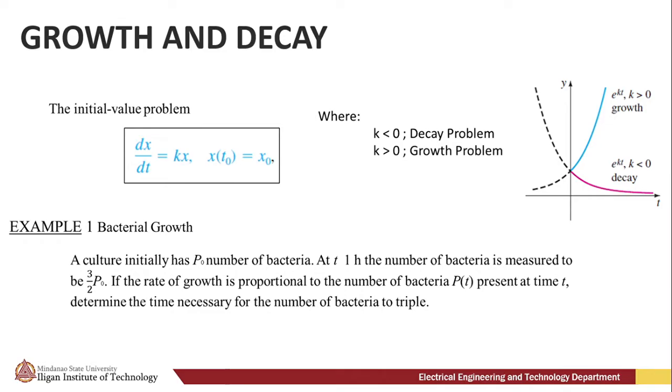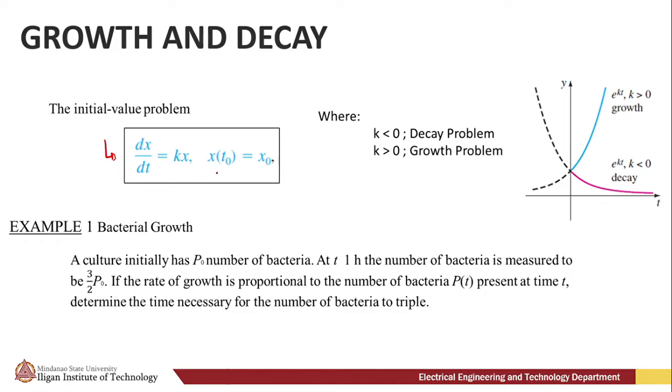First, we have the growth and decay. So we have this differential model for growth and decay, which translates as: the change of population or amount of a specific substance with respect to time is directly proportional to the amount of substance or the population present at that specific time.